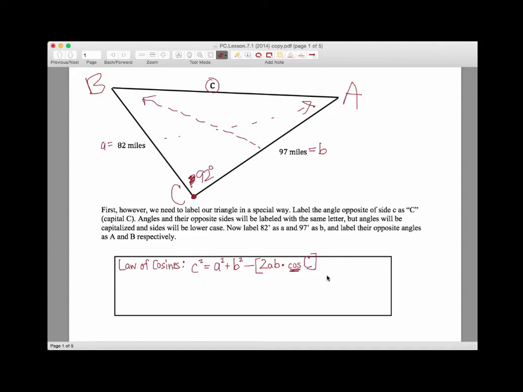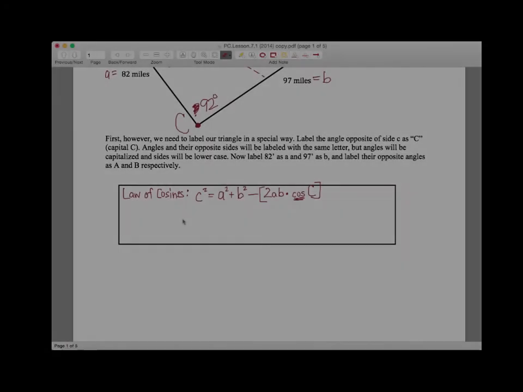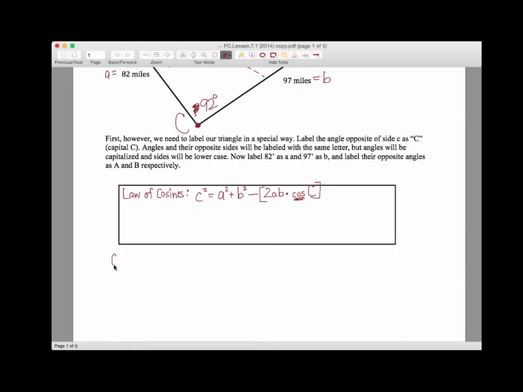So here we go. Using the law of cosines, c squared should equal 82 squared plus 97 squared minus the quantity 2 times 82 times 97 times the cosine of 92 degrees. And 92, of course, is the angle.